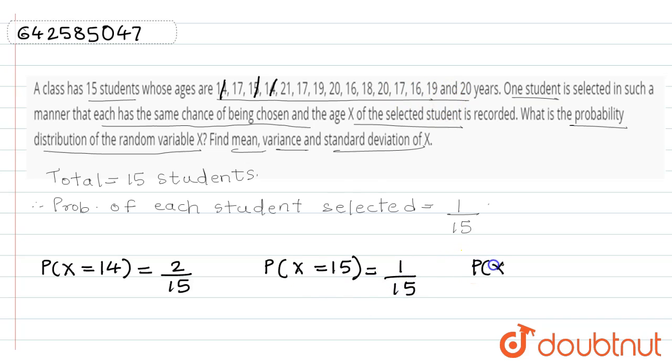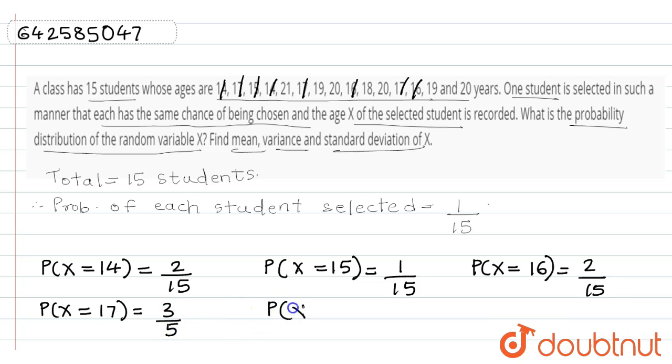Next, probability of x equal to 16. The age 16 occurs twice, so the probability will be 2 by 15. Next, probability of age 17. The age 17 occurs 1, 2, 3 times, so we can write it as 3 by 15.